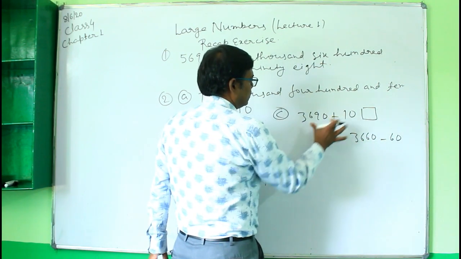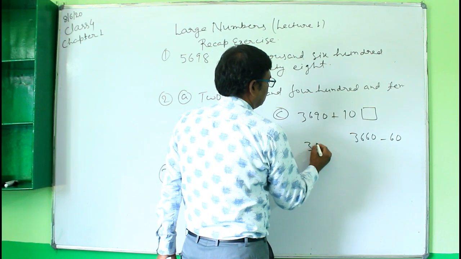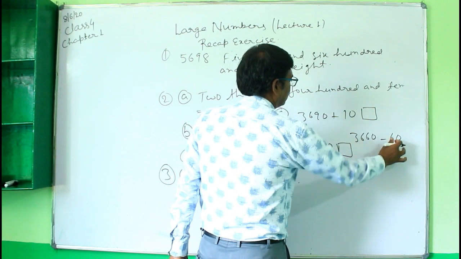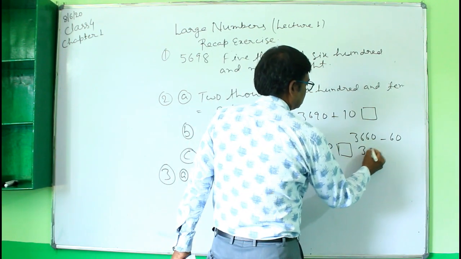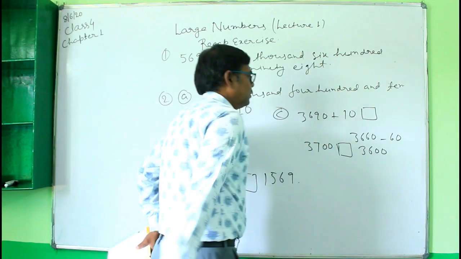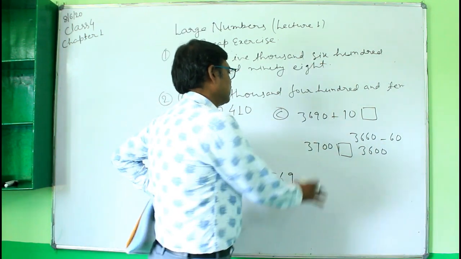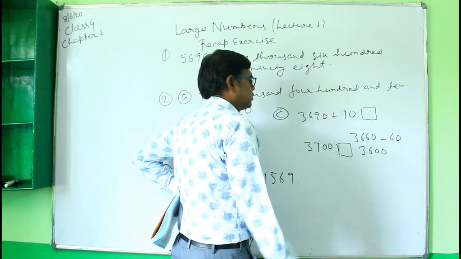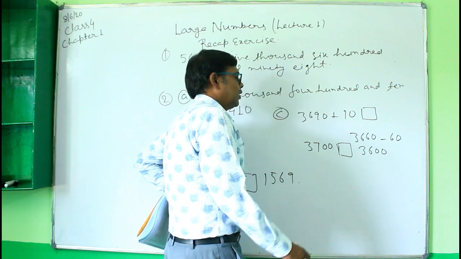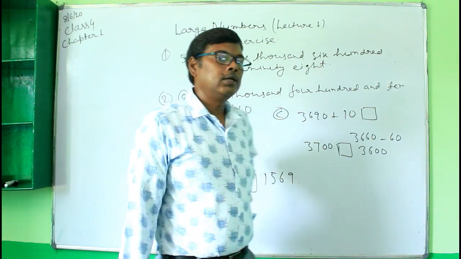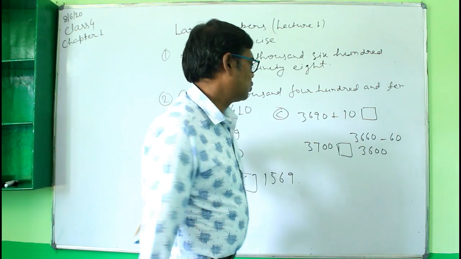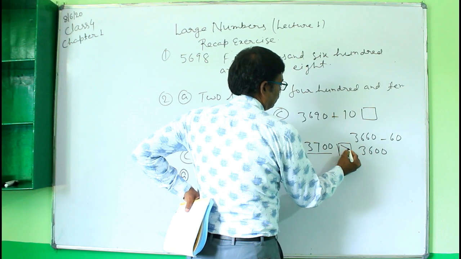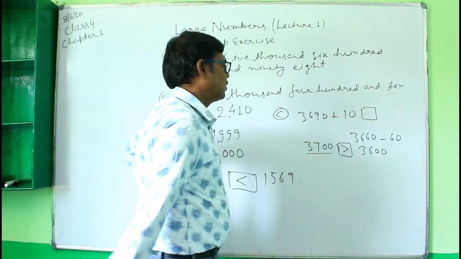When you solve, this will be 3700, and after subtracting you will get 3600. Now you can determine which number is bigger and which is smaller. The first number is bigger and this is smaller, so you will put this sign. So this is the answer.